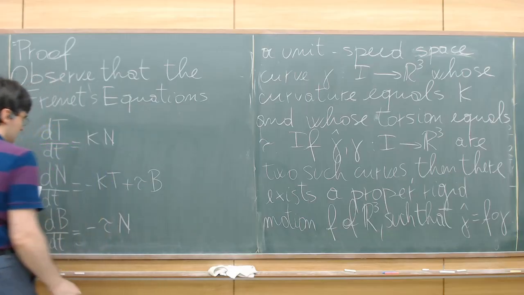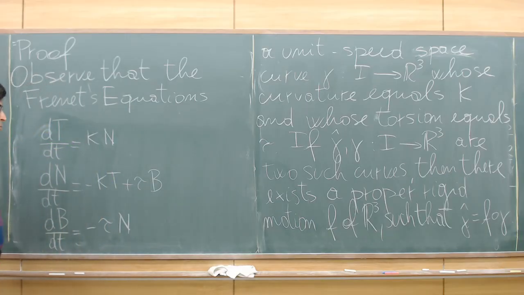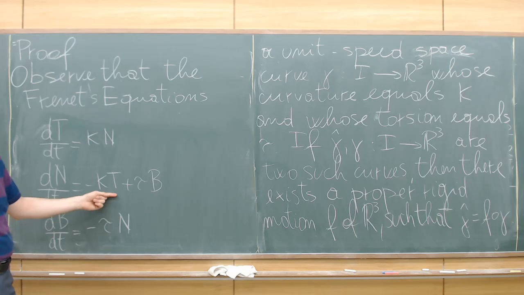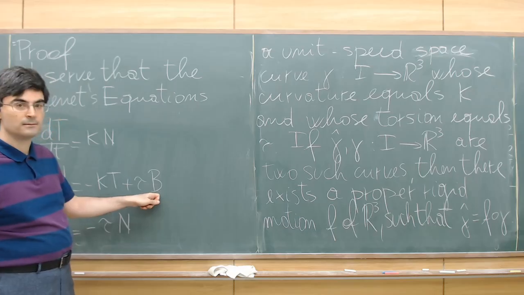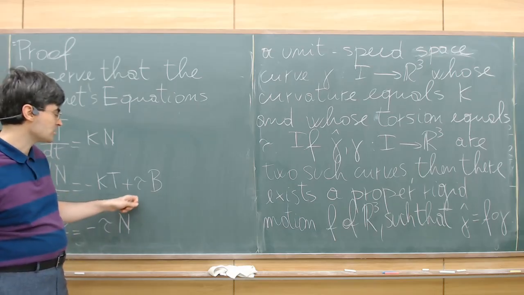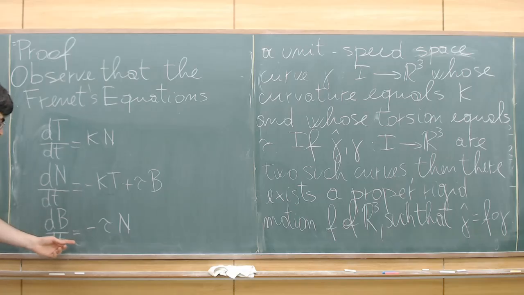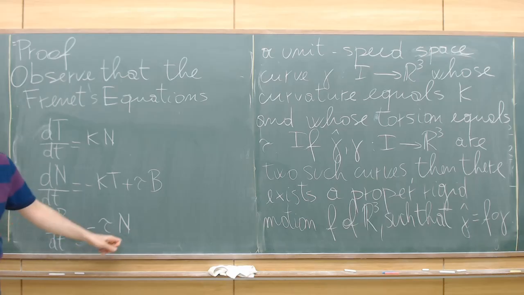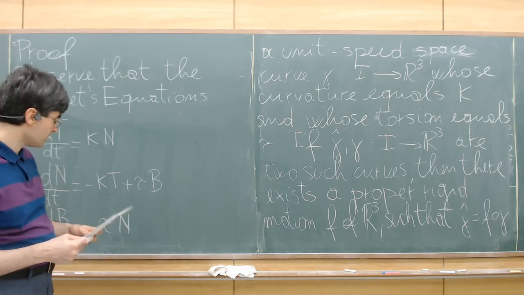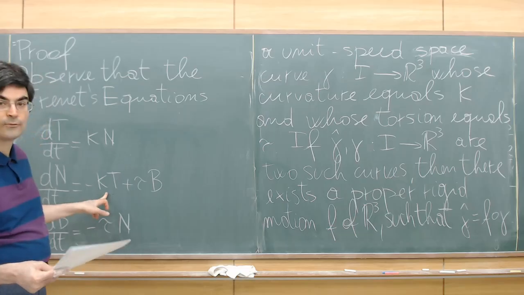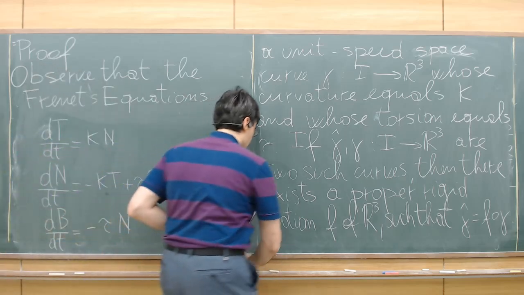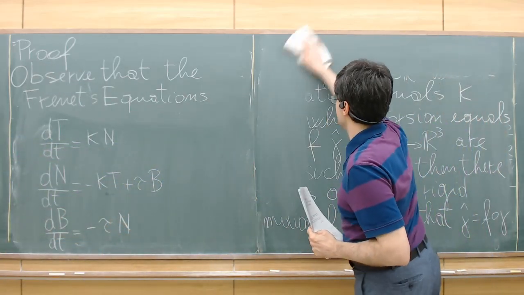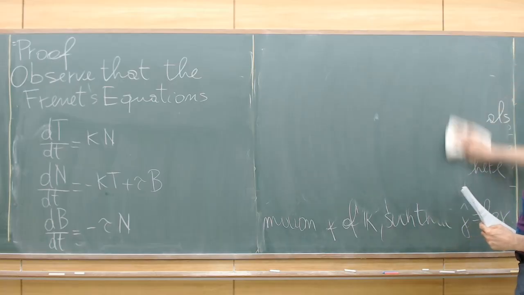So when you read the textbook by do Carmo, you will see that the second equation does not look the same, because instead of plus tau B, it is written minus tau B, and in the third equation, instead of minus tau N, you will find plus tau N. So essentially, if you want to study the proof from this textbook, you have to change the sign of the torsion everywhere. Okay, that said, let's continue.